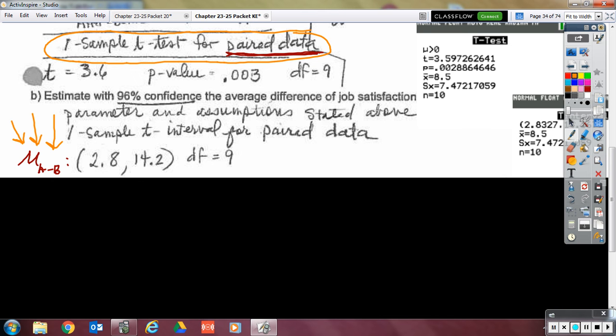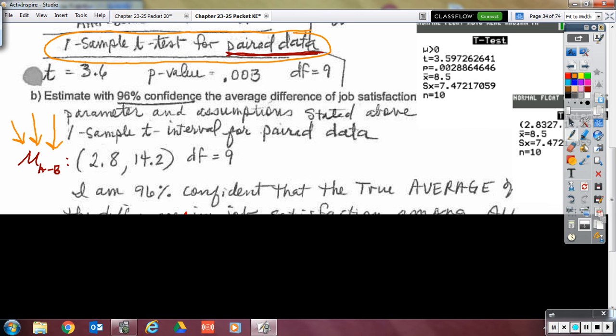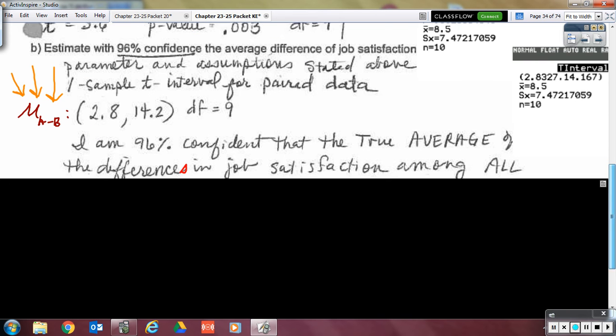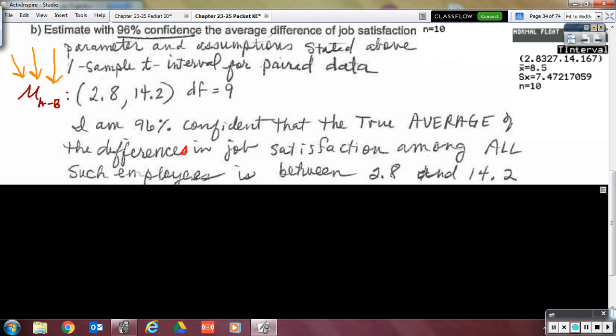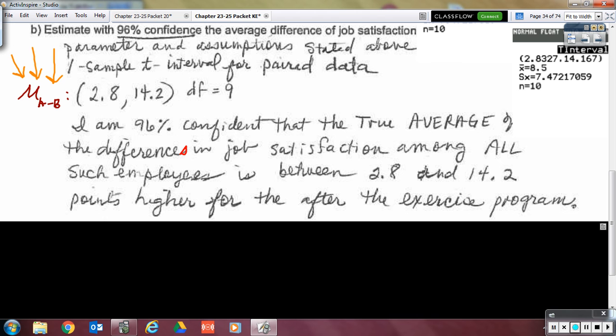I'm 96% confident that the average difference in job satisfaction, so that's important there, the average difference in job satisfaction, among all such employees is between 2.8 and 14.2 points higher after the exercise program.